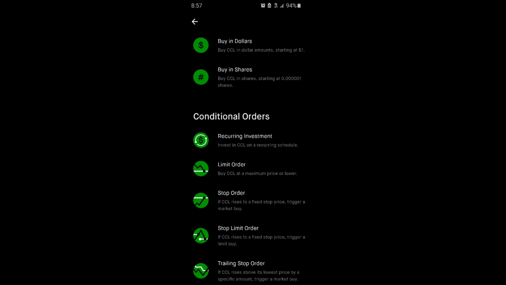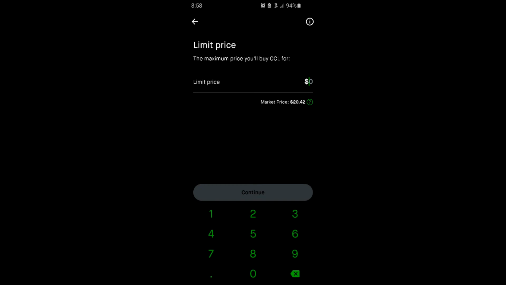Again, I don't recommend that. But what I recommend is the one right here, and it's called limit order. And the reason I like this one, whenever you click on it, the way it does it here is you're pretty much telling Robinhood, this is the most I want to pay to get Carnival Cruise. So like, this is the highest price I'll pay.